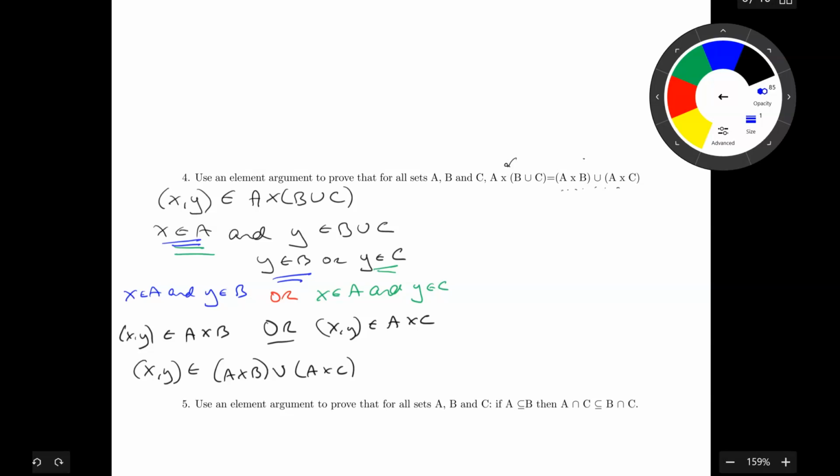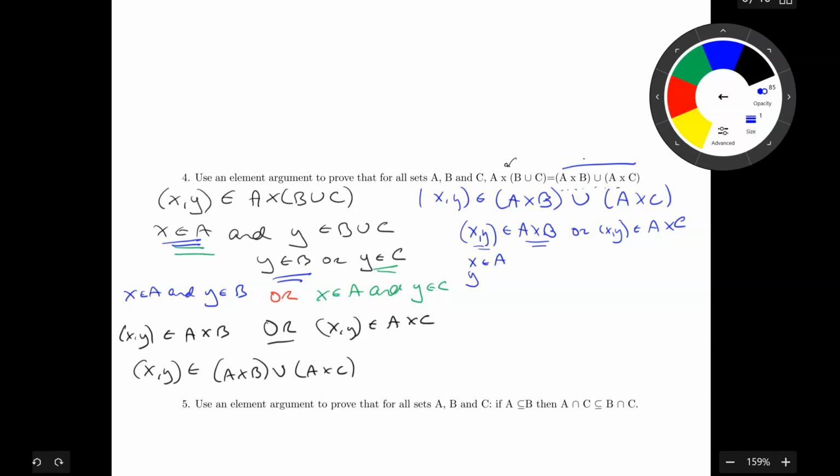Now let's go the other way. Let's start here. If my x, y is an element of A cross B or A cross C, that means x, y is in A cross B or x, y is in A cross C. If x, y is in here, that means x is in A and y is in B. If x, y is here, that means x is in A and y is in C. Let me put the or in between again, because I translated the line.